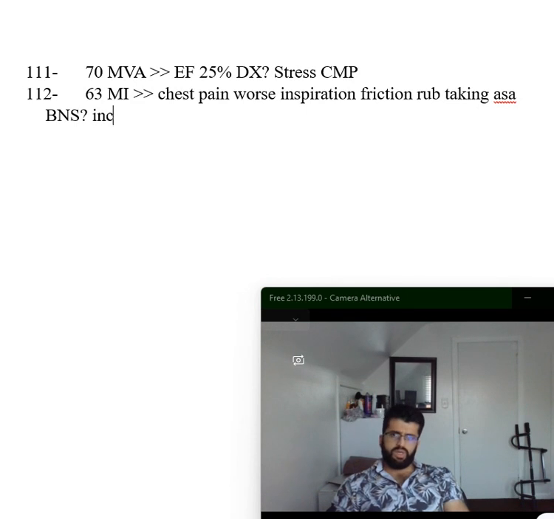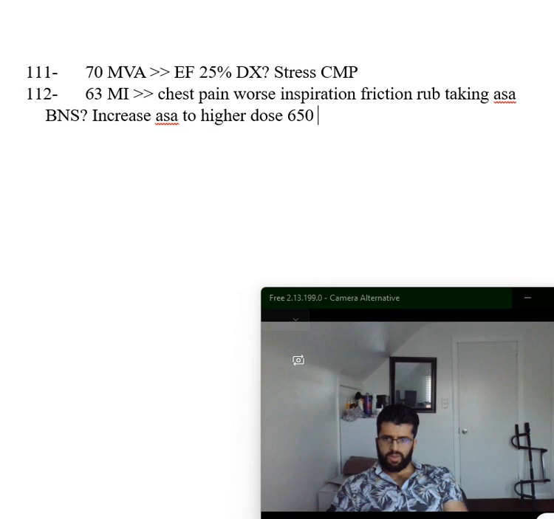You treat it with increased aspirin to a higher dose, usually 650 to 1000 milligrams 3 times daily for a symptomatic patient.